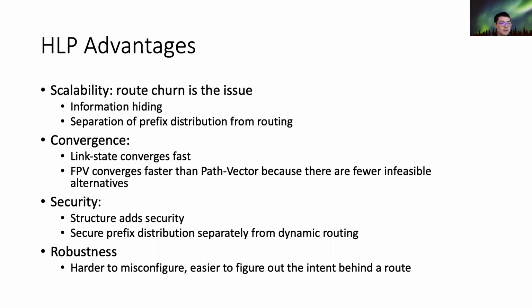But the second benefit is that the convergence is fast, because link state converges fast. If you still remember what we taught about link state and distance vector, only distance vector has the count to infinity problem, where if a link becomes slower, it will iterate by 1 each time until you reach the final weight of the edge.